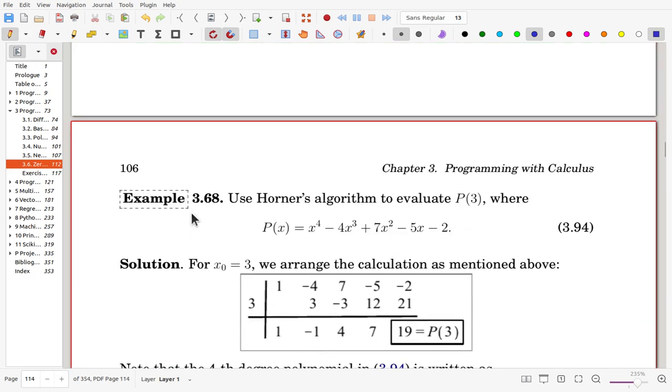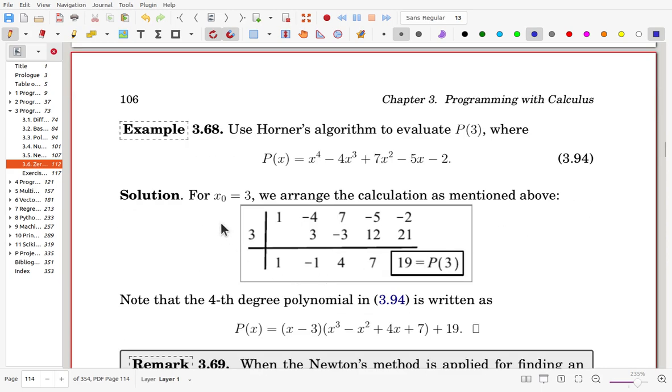Let's see this example. Use Horner's algorithm to evaluate p at 3, where p of x is given in this equation. Now, x0 is 3, so we put 3 here. Now, we collect the coefficients of the polynomial: 1, minus 4, 7, minus 5, minus 2.